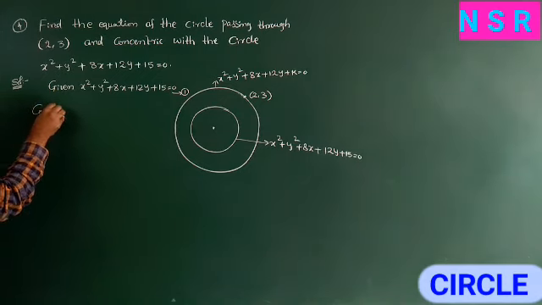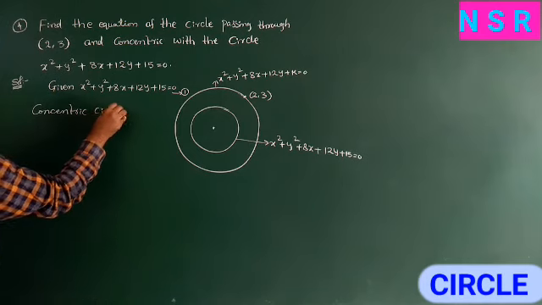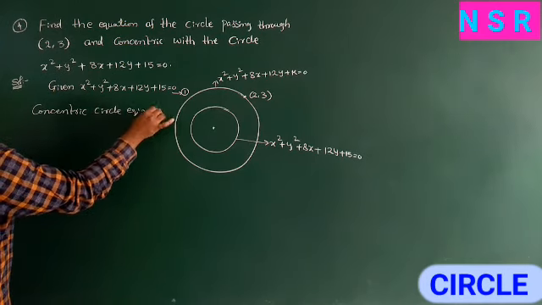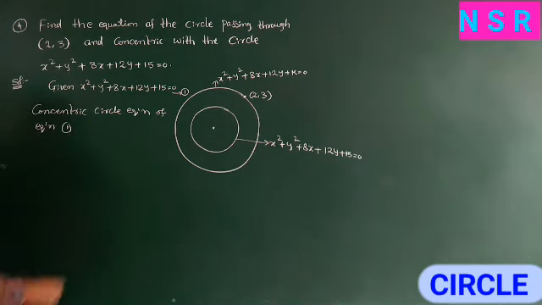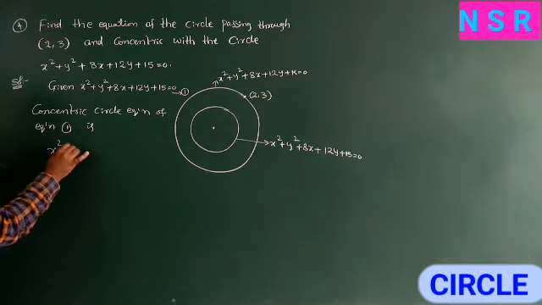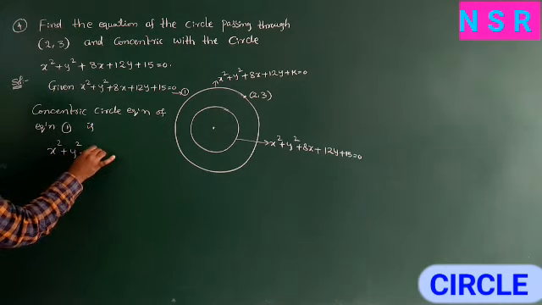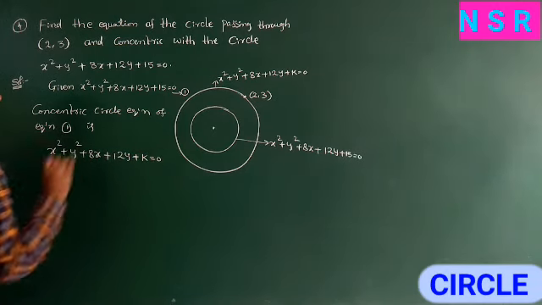The concentric circle equation of equation 1 is x square plus y square plus 8x plus 12y plus k equal to 0.